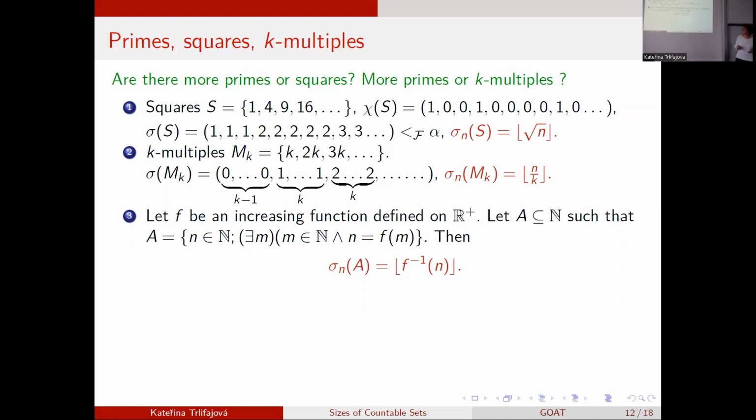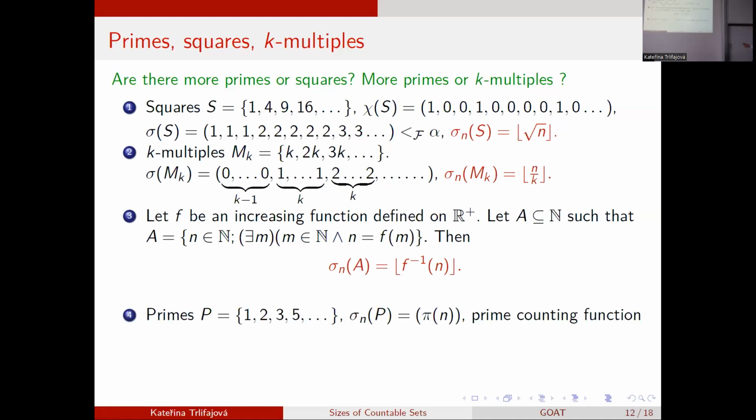It can be said it's natural. I think it's quite clear. For primes, the nth term is in fact the prime counting function, which is well known.